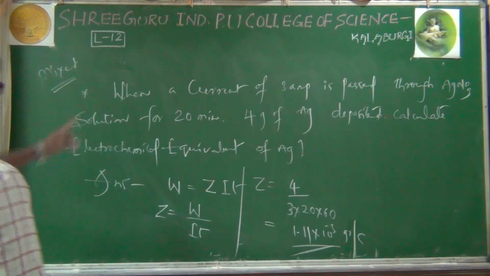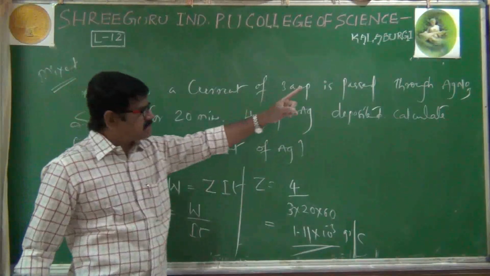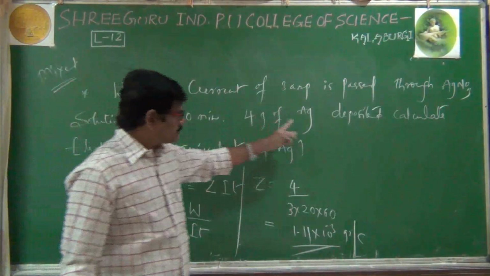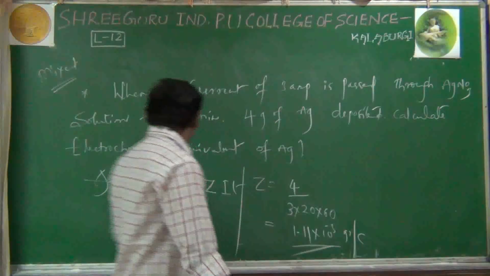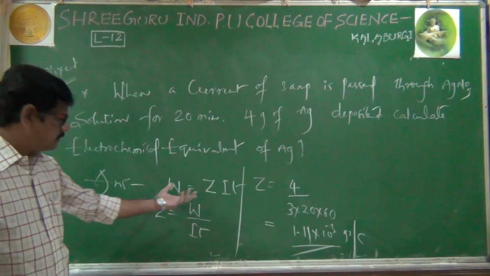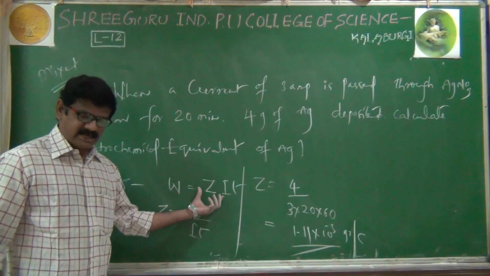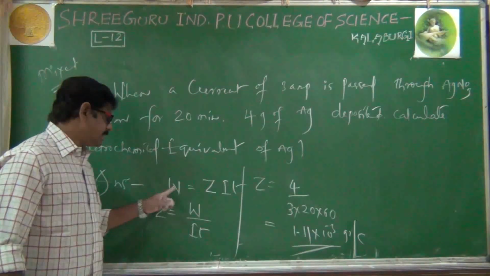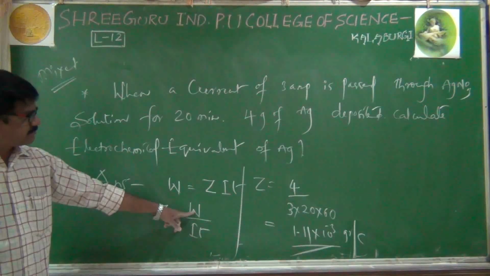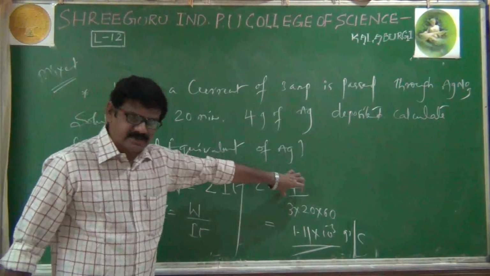Once again, when a current of 3 amperes is passed through silver nitrate solution for 20 minutes, 4 grams of silver is deposited. Calculate electrochemical equivalent of silver. We have the formula based on Faraday's first law: W equal to ZIT. Z is nothing but W by IT. W is mass, 4 grams, already given in the question.